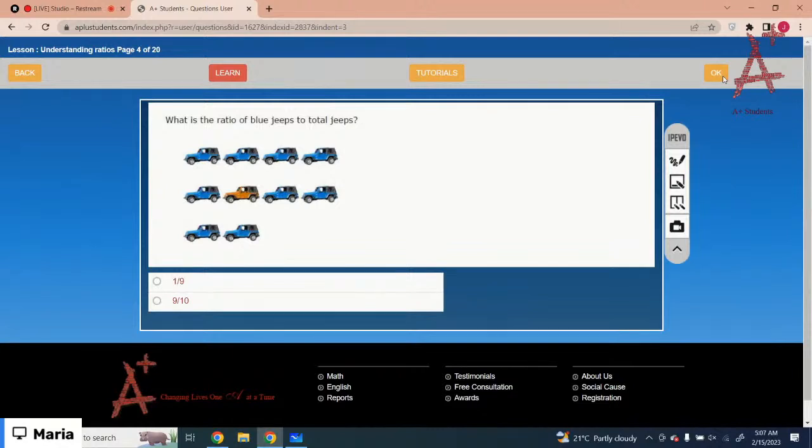Just read the question carefully and then answer. What is the ratio of the blue jeeps to total? Okay, which is the correct option? Blue to total. Count the blues and count the total and then let me know the ratio.